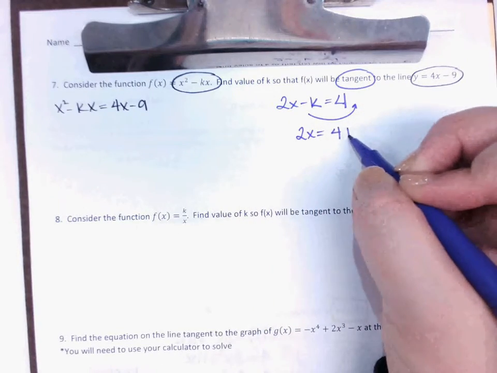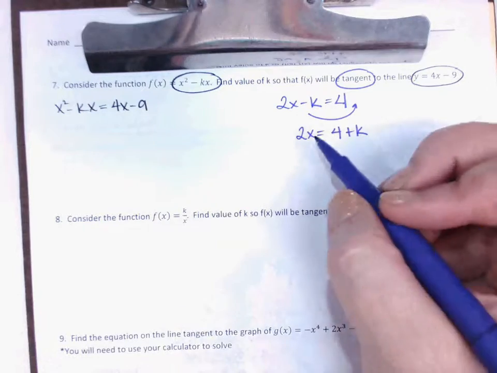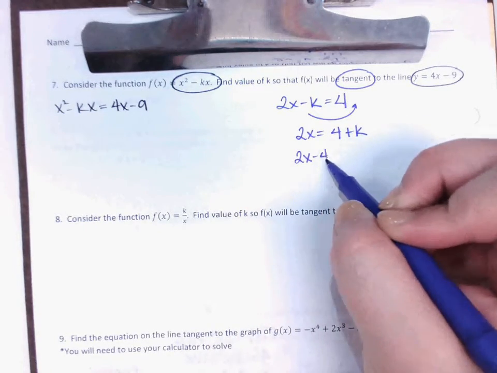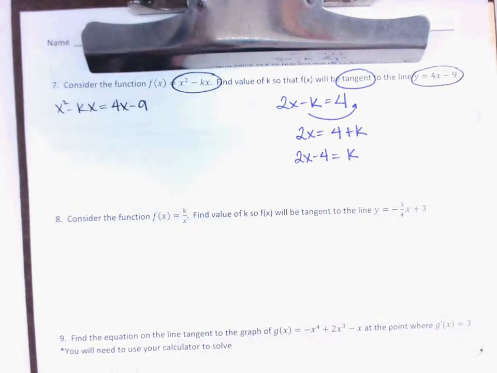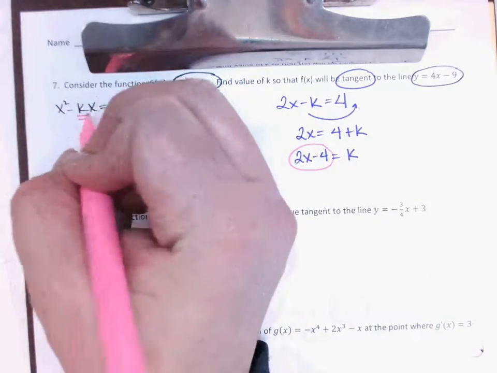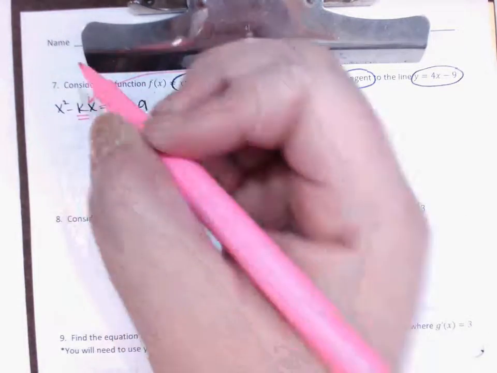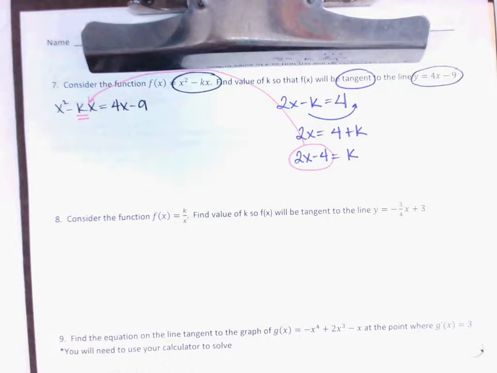So now it's a 4 plus k, and then I'm going to minus my 4 across. Okay, then once you get there, you're circling this substitution. You're plugging it in where k is. Okay, so I'm going to give you a second to work that next step out. Be careful with your signs.